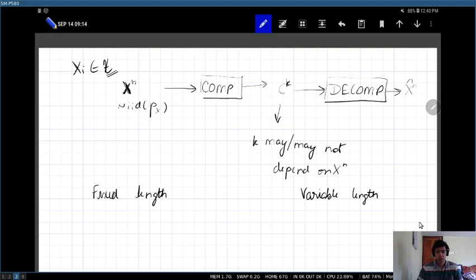But depending on how you choose script X for the same file, you can get different levels of compression. So maybe treating it as ASCII characters will give you a certain level of compression, but treating it as words may get you a better level of compression. But anyway, we'll treat this in a very abstract form.